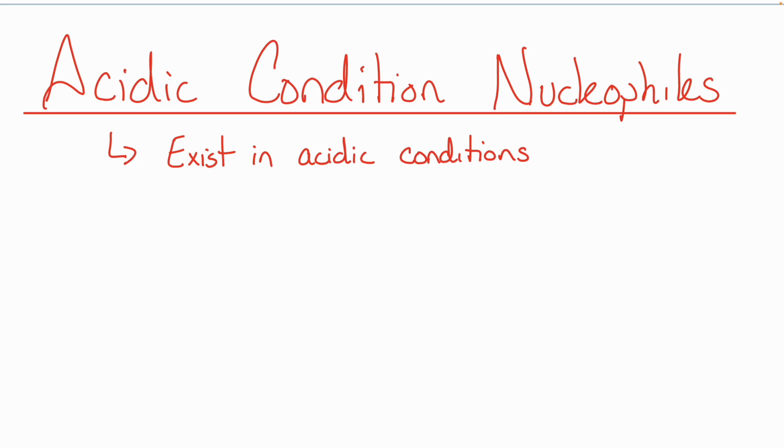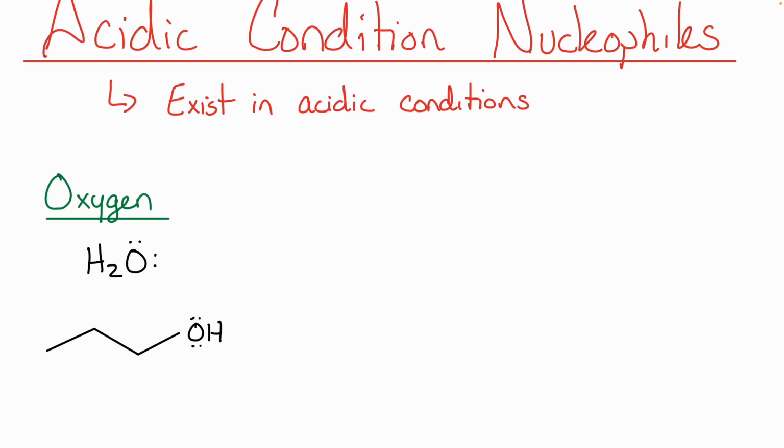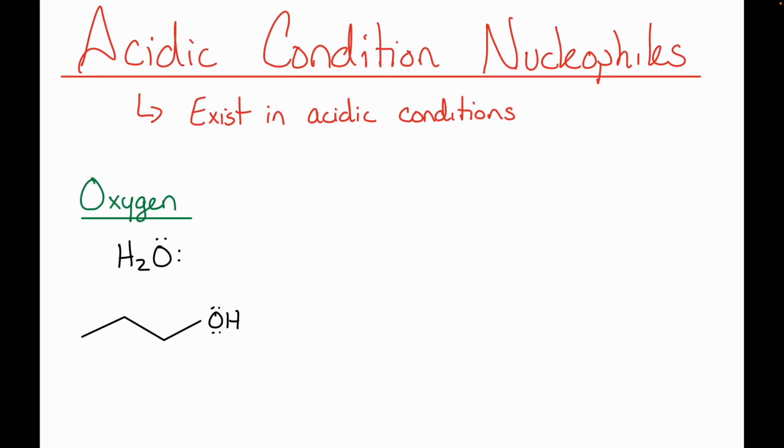All right, we're going to see a lot of the same nucleophilic sites. We can have oxygen as a nucleophile under acidic conditions. But what's the difference between our oxygen nucleophiles under acidic conditions versus basic conditions?